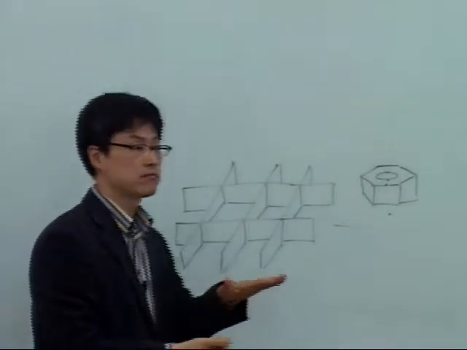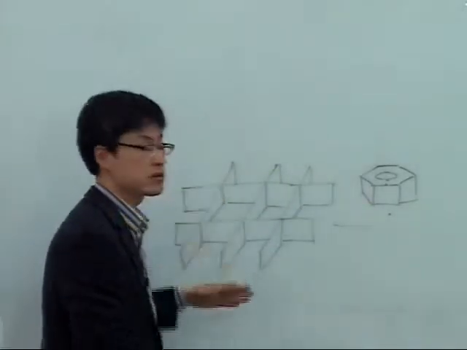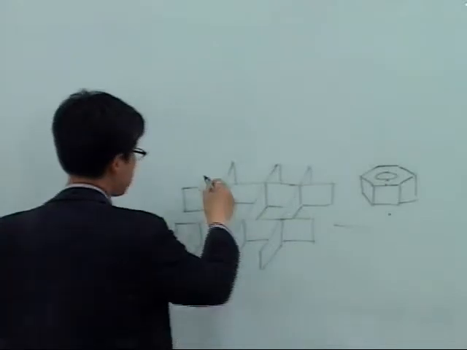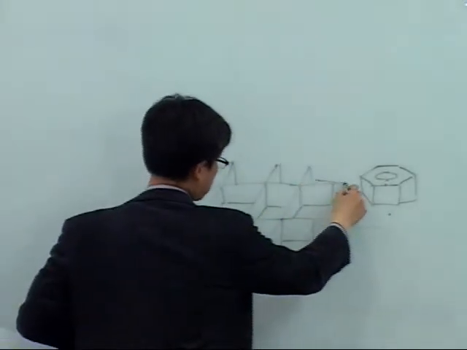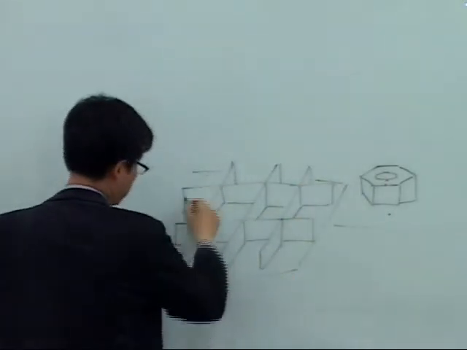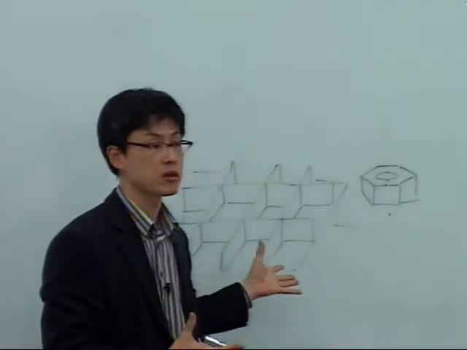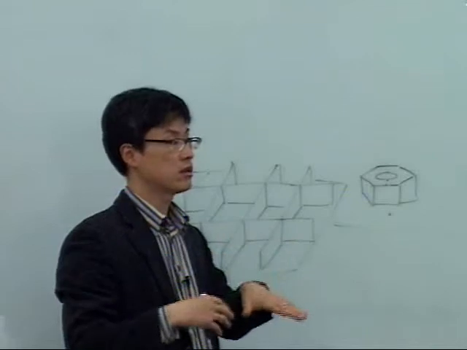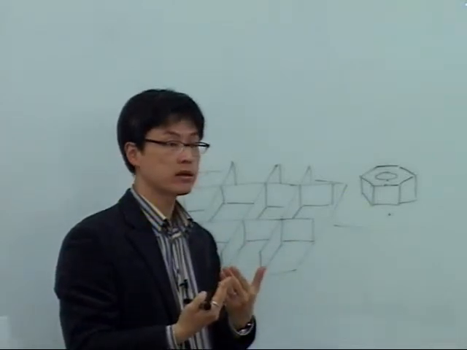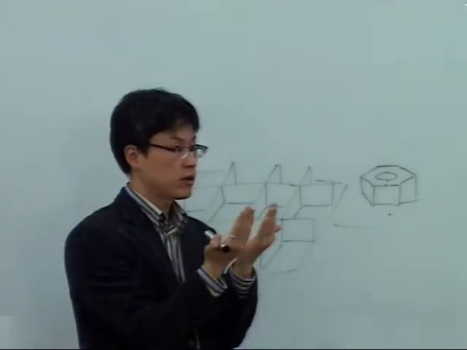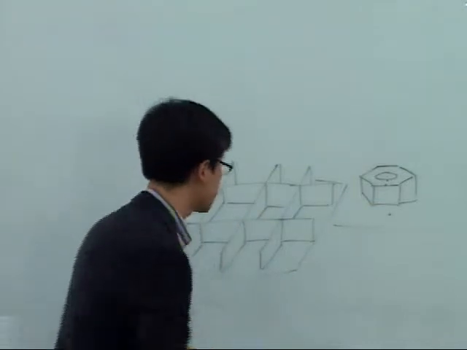These stiffeners and web frames are usually welded on top of the flat plate, and this is a kind of sub-assembly, and they assemble these sub-assemblies to make a block.